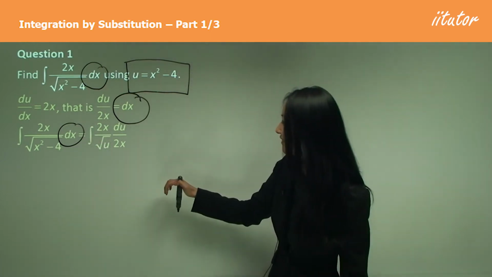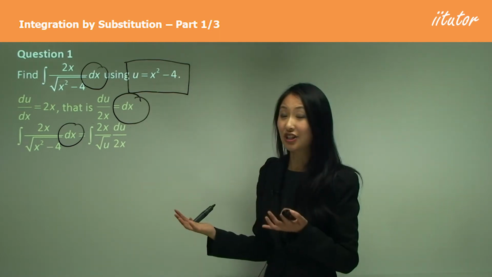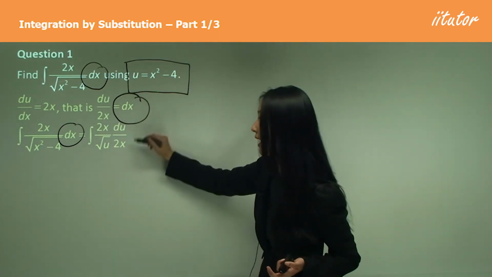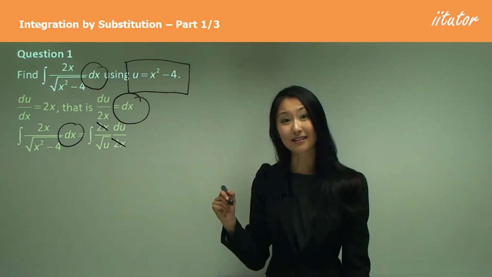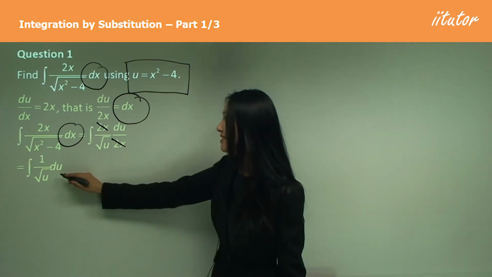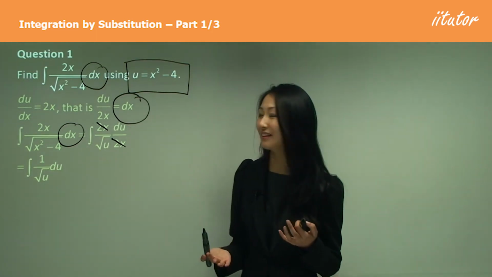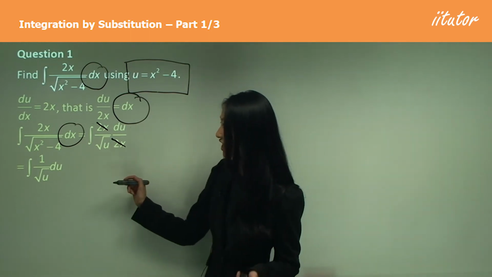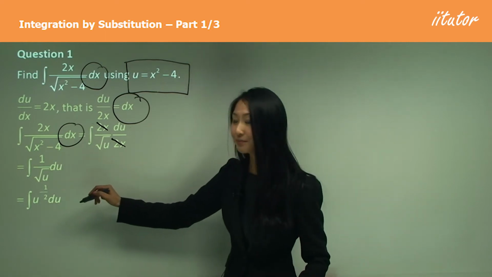All right, now let's have a look at this part here. Because this is essentially just this multiplied by that, that means I can just cancel the 2x and the 2x. And that means I'm left with this, which is something that we can definitely integrate and we're familiar with. So first thing is change this into index form. So that's u to the power of -1/2, okay?